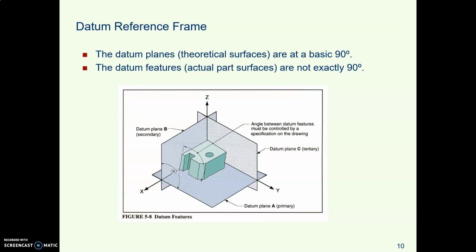Those datum planes are at a theoretically perfect 90-degree angle. The features on the part that you use to stand in for the datum features, they're not exactly 90 because parts are not perfect.